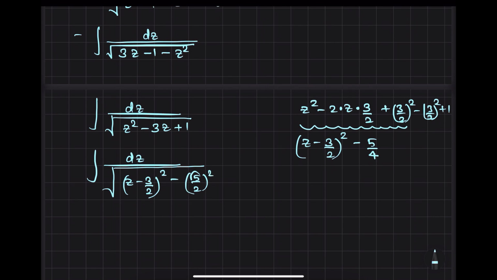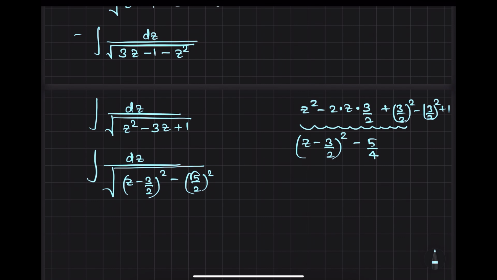Now the point is, you can treat this thing as x. So we have x square minus a square inside the root. Are you comfortable over here? No. With a root, we used to be comfortable with a square minus x square. So with this root, we are not comfortable.